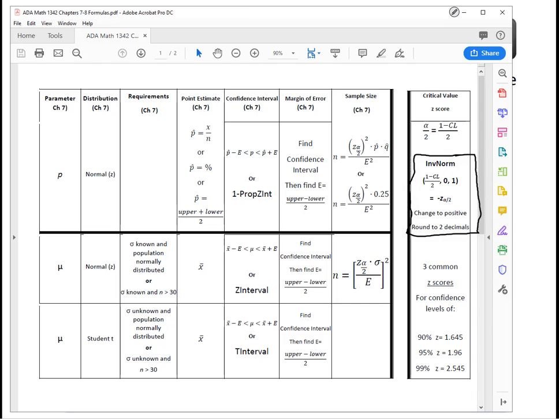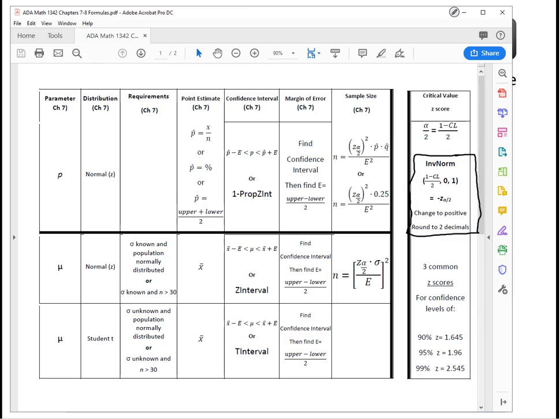All right, so I'm going to find the requirements column for mu, and I'm going to look here to determine if I'm going to use the normal distribution or the student t distribution.